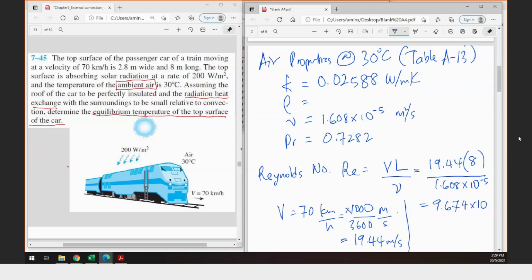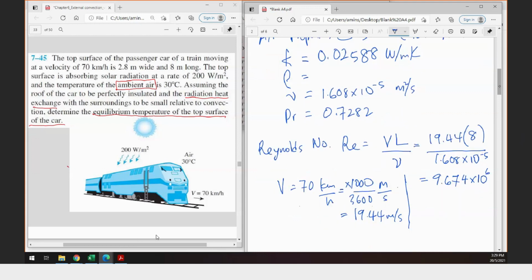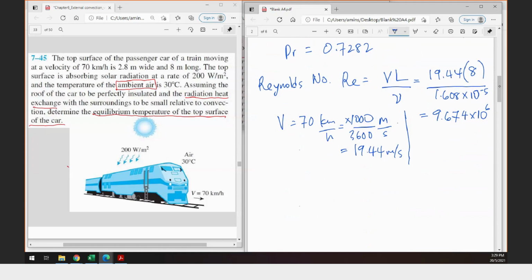So is this laminar or turbulent? Turbulent. So basically the flow is turbulent.